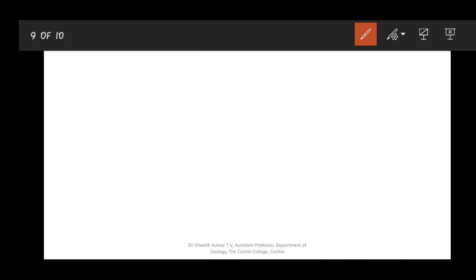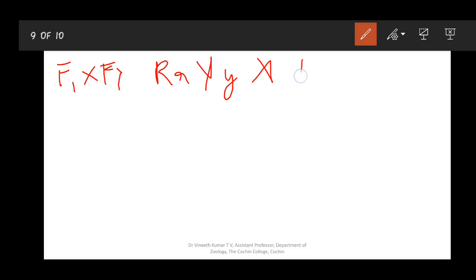Moving on to the second step, F1 cross F1, which is capital R, small r, capital Y, small y cross capital R, small r, capital Y, small y. So this is what we are going to see now, how this one produces gamete 2. So this can be considered as parents 2 and how they are going to produce gamete 2.